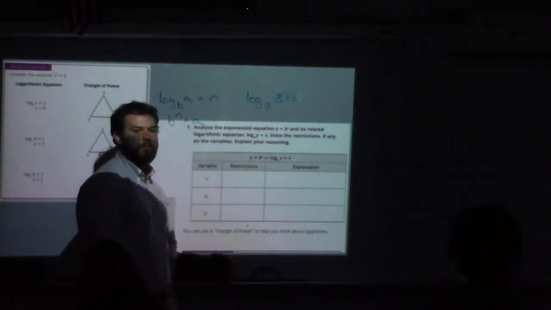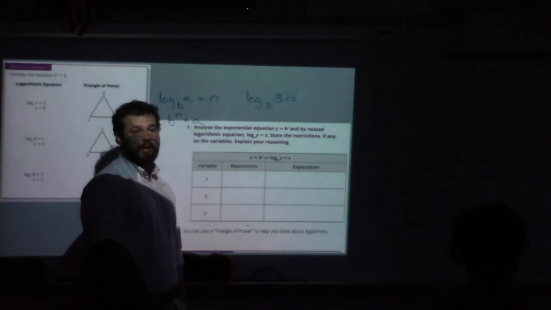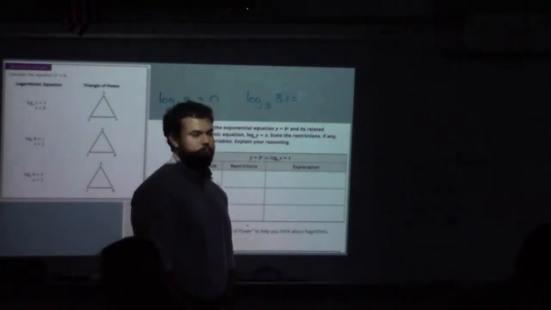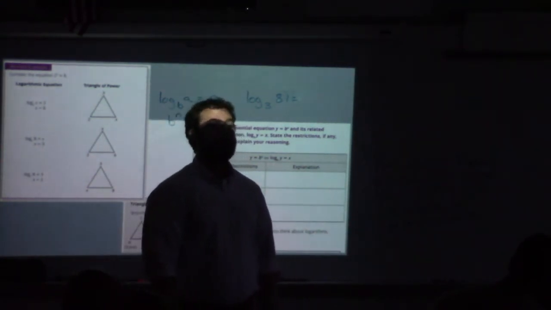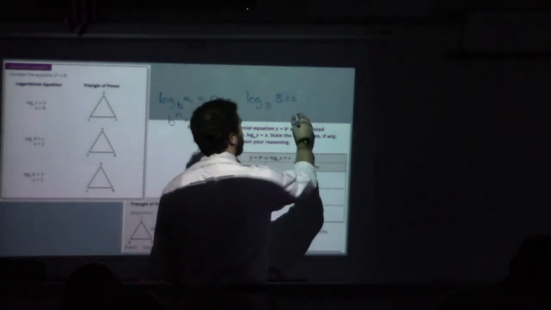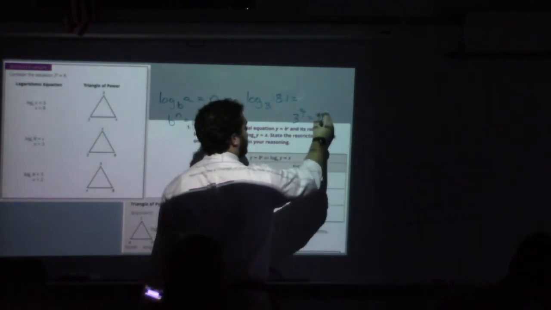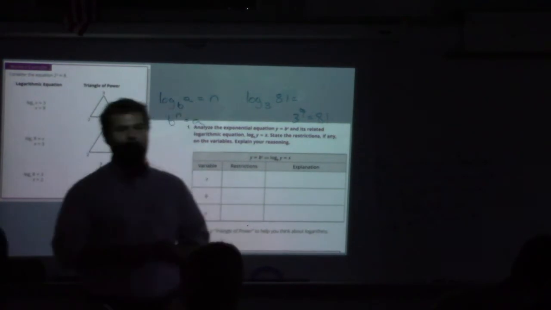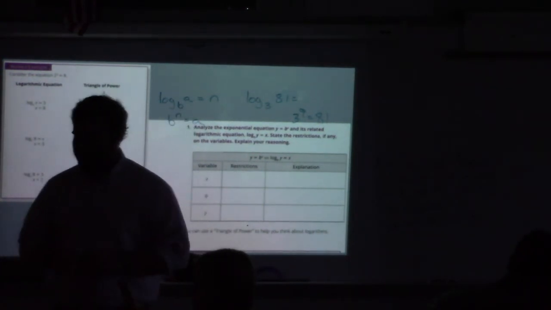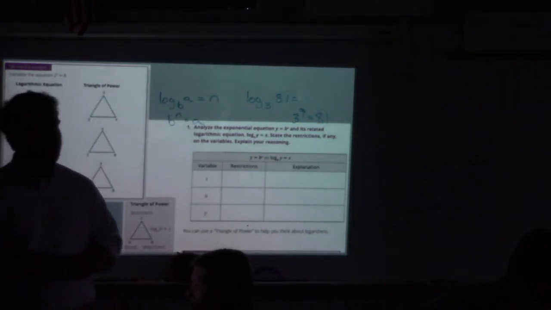Any guesses? You can also use a calculator to help you play around with it. So 3 to the 9th is equal to 81? I don't think so. Maybe something a little bit smaller?